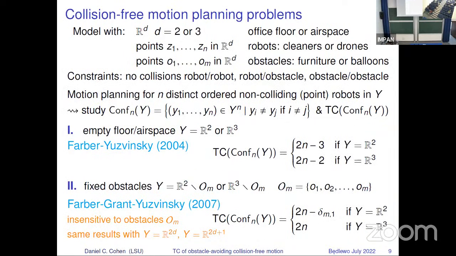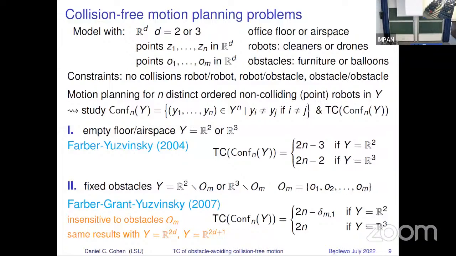Okay, here are our collision-free motion planning problems, at least the first couple. So I will model them with the floor as R2, the airspace as R3, and the robot cleaners or the drones represented by points.